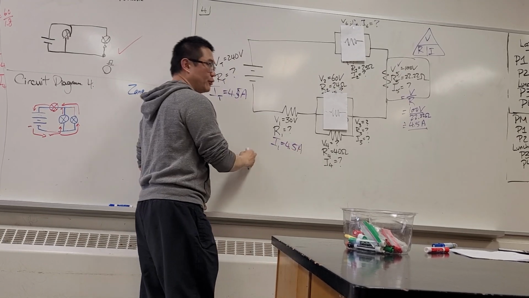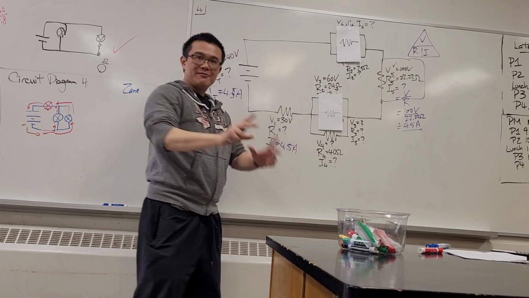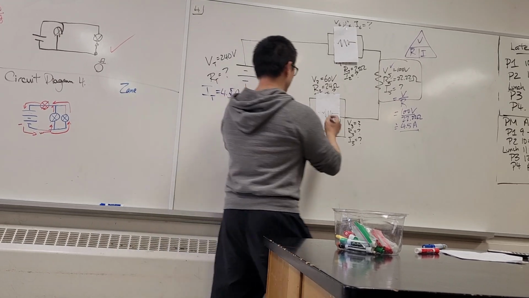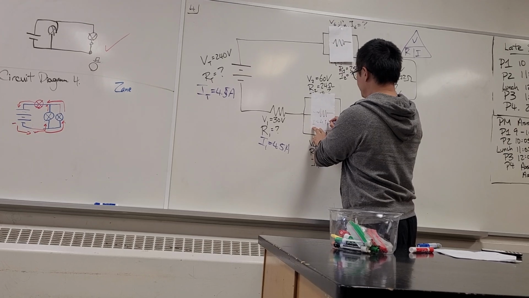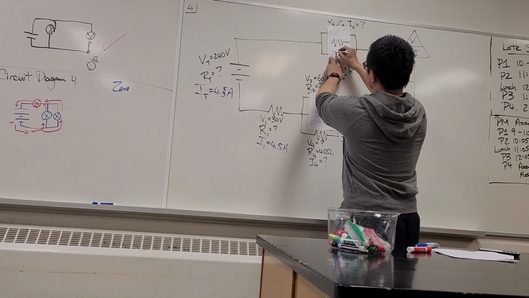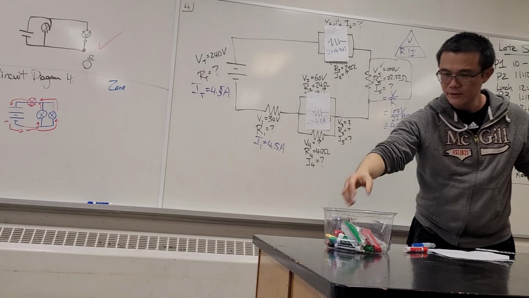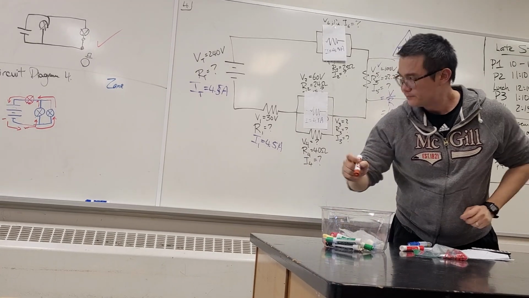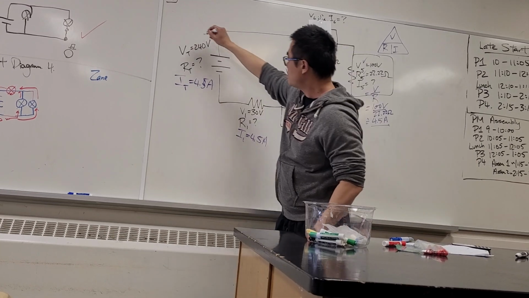Even though they didn't ask for it, write it down. And for these two really powerful resistors, they also have 4.5. We'll look at those a little bit later, okay? Now, let's take a look. So we can probably solve this one.